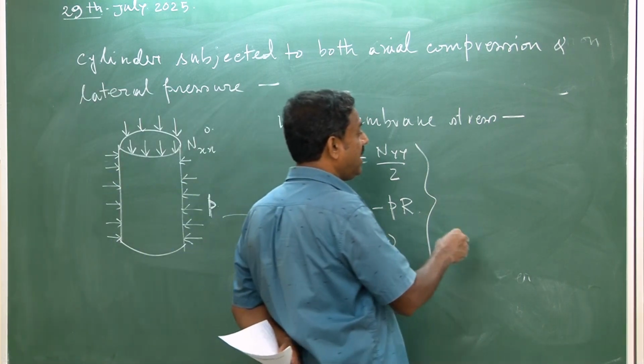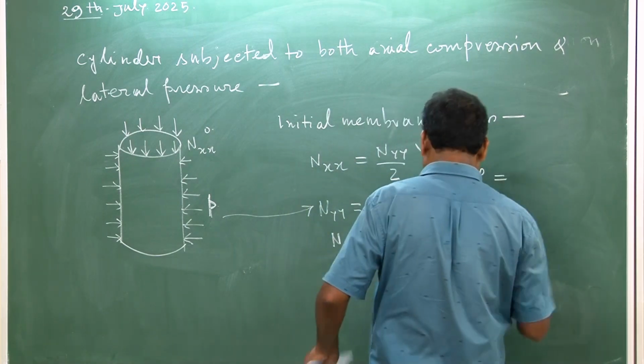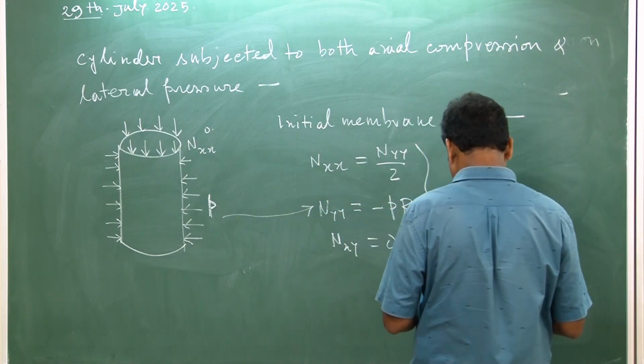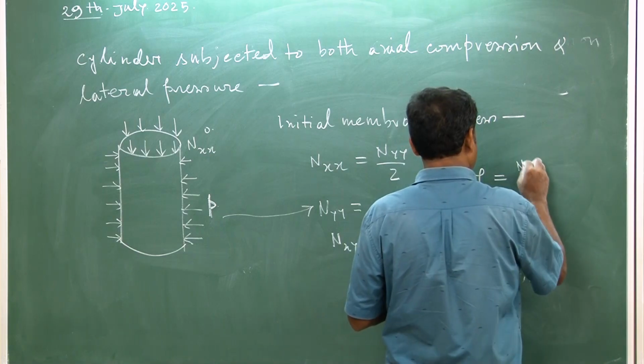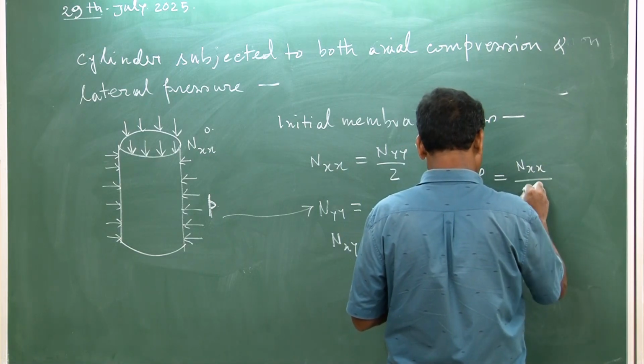So we will define some ratio rho as the ratio nxx by nyy.